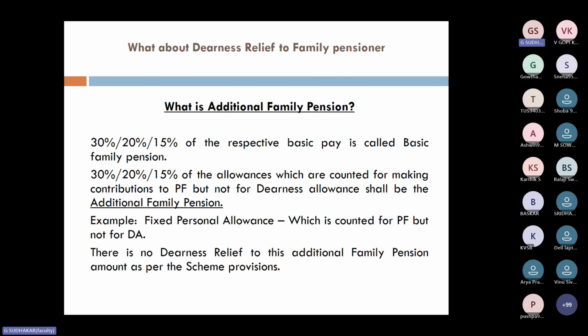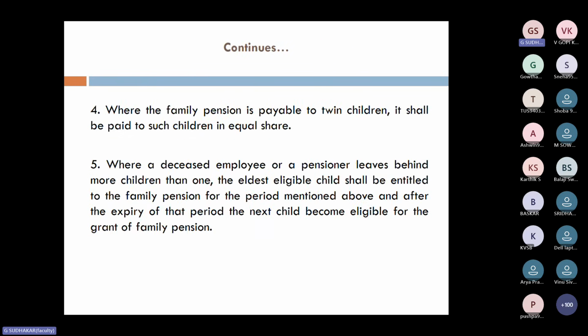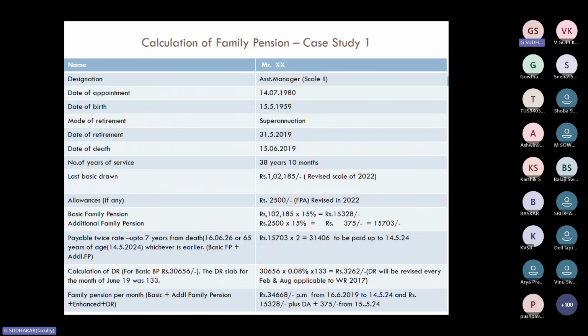Some aspects like additional family pension and enhanced family pension are not so important. They have not asked. I have worked out one example of family pension. A person died and the family pension plus total amount is 15,703, and he gets twice the rate.